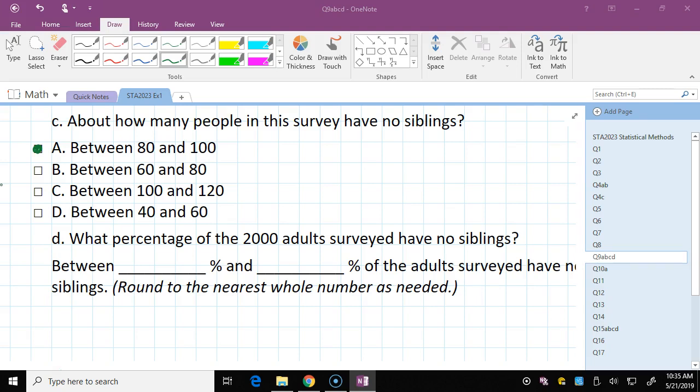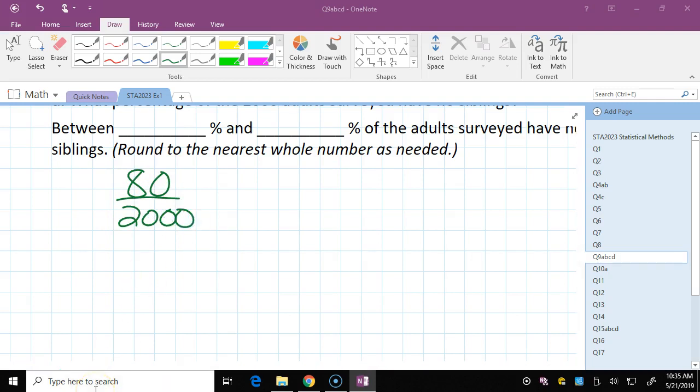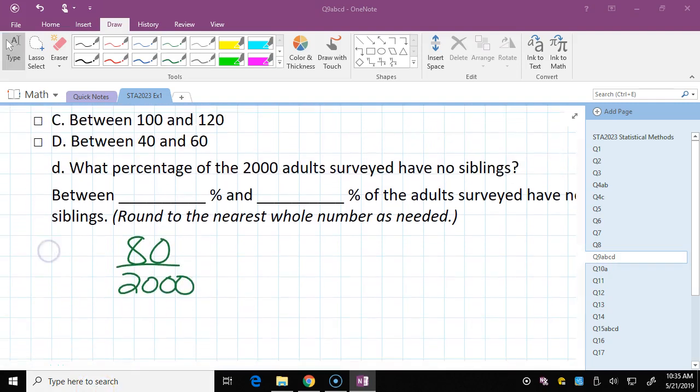So if 80 people do not have siblings, taking that from part C, how do I figure out that percent? Take the 80 divided by the 2,000. That will give us our first answer. What is 80 divided by 2,000?